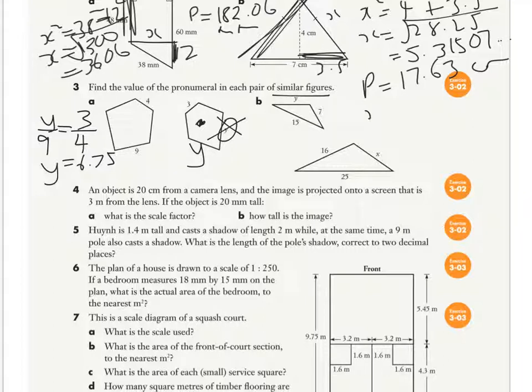Now for this one, x is equivalent to 7, and the other ratio with the x is 25, and with the 7 is 15, times by 7 both sides, and we get 11 2/3.